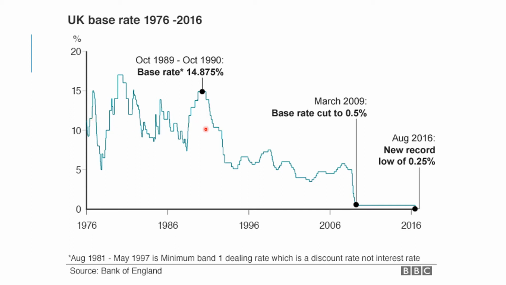If a borrower, not so much. More recently, following the financial crisis in 2008, rates were cut dramatically from around 5% to 0.5%. And recently they've been cut again to all-time record lows of just 0.25%.